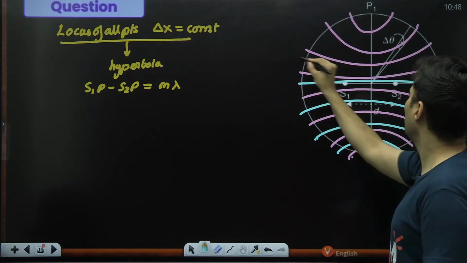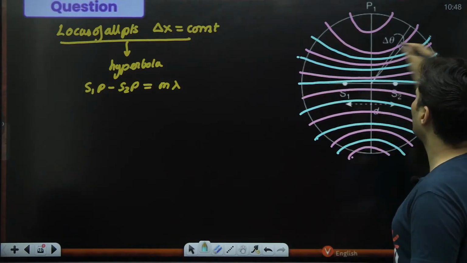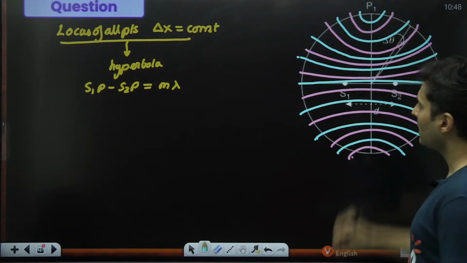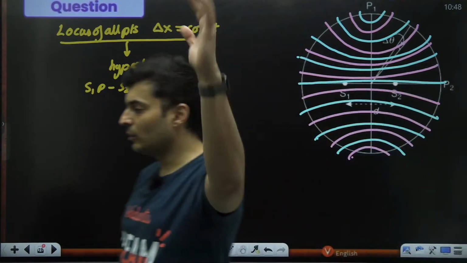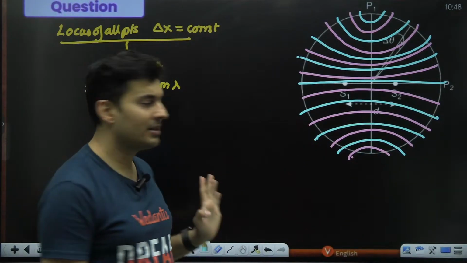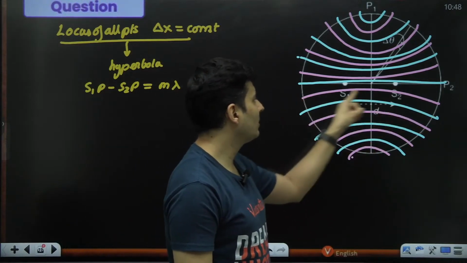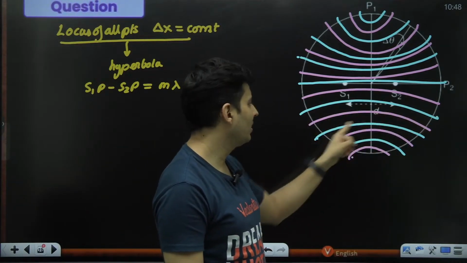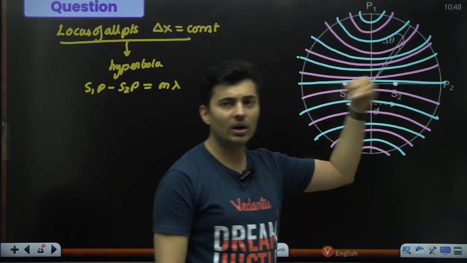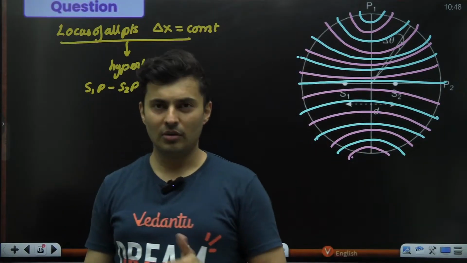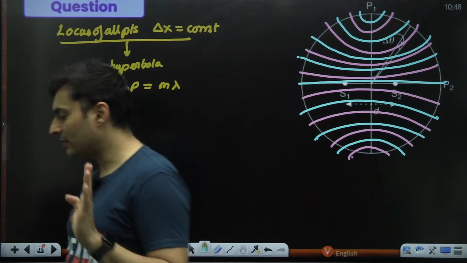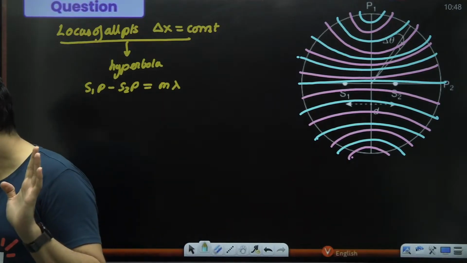Is this absolutely clear? This is the locus of all the points where the path difference is constant. Anywhere on the blue line, you will find a bright spot. Anywhere on the pink line, you will find a dark spot. Anywhere on the blue line, again a bright spot. But the order of interference will be different.